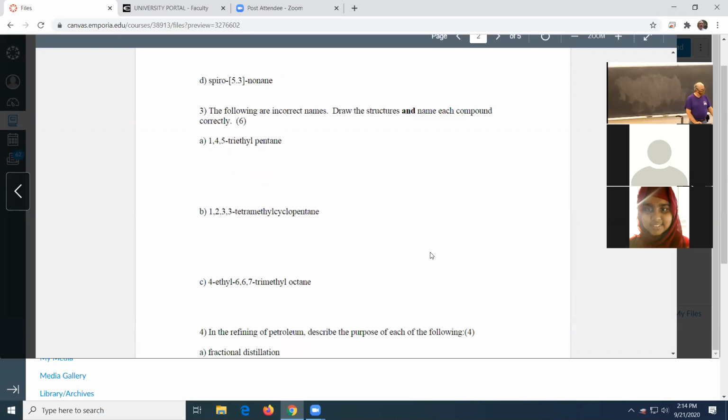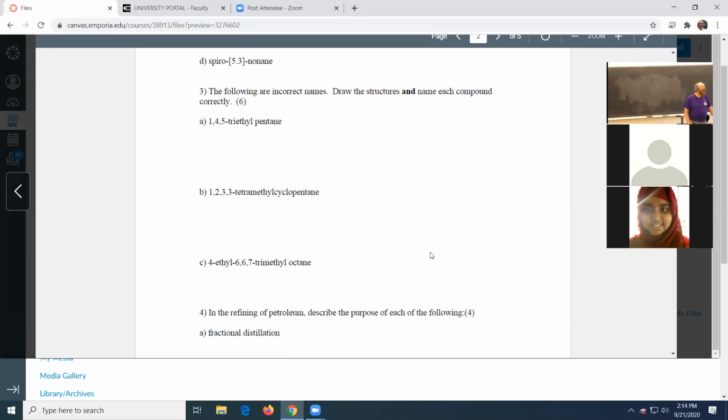Okay, the next part, it was 1 point for the correct structure and 1 point for the correct name. So 1,4,5-triethylpentane. Here is pentane. 1,4,5.